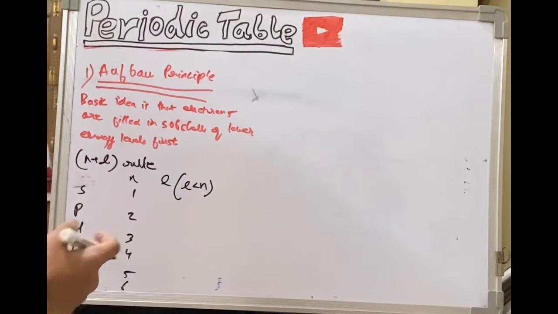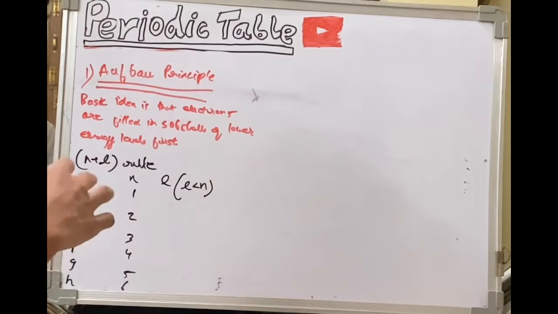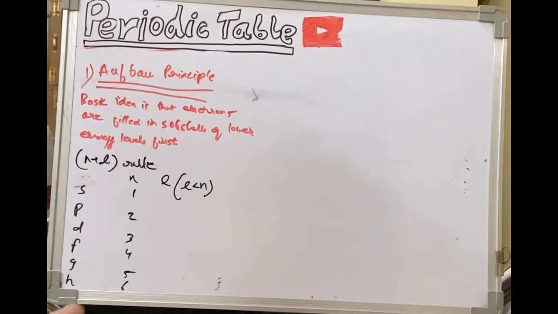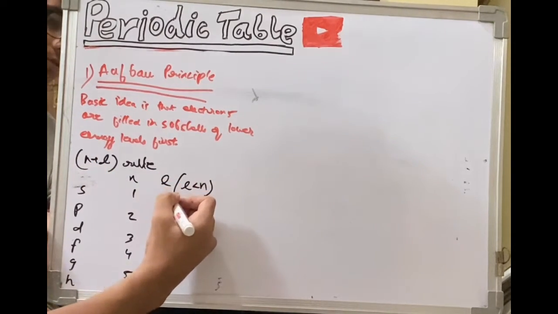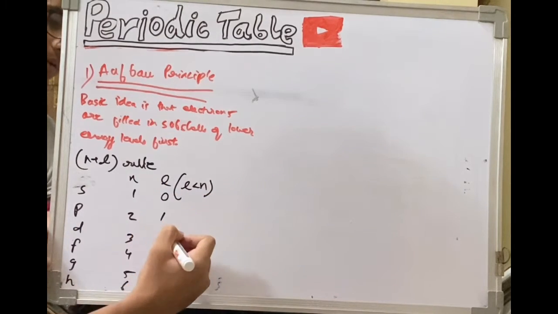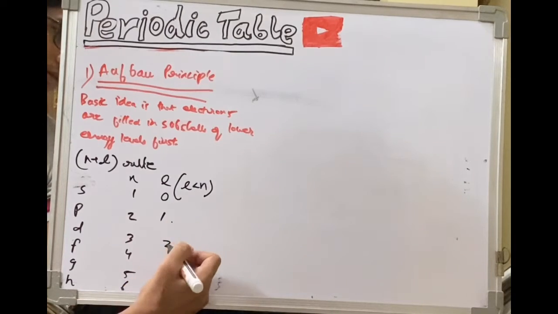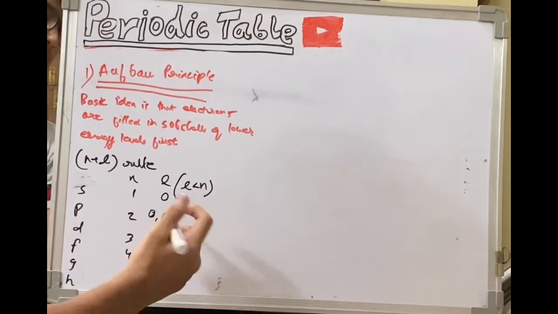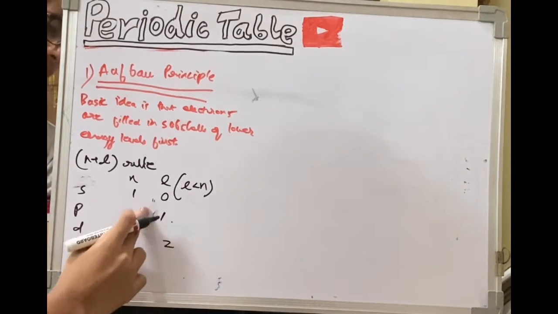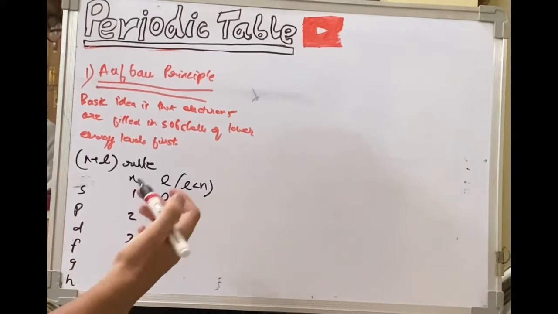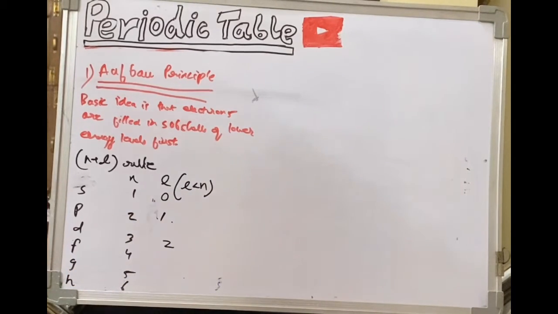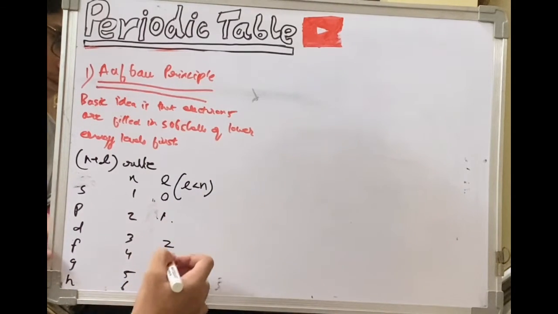For the D orbital, it can be 1, 2, but we'll take the maximum here to find the maximum energy level. So it will be 0 for this one, 1, 2. It can be, oh no, it can't be. So it can be 0 for also this one, but we'll consider this, okay? We'll talk about this in the later half when we'll be studying quantum numbers. So this will be 1, 2, 3, 4, 5. Okay.